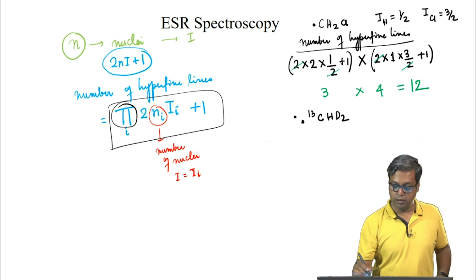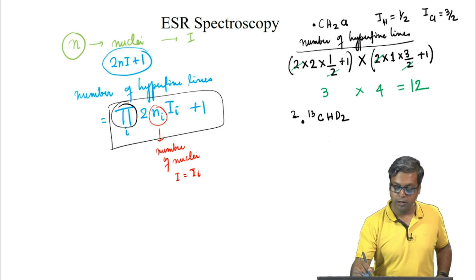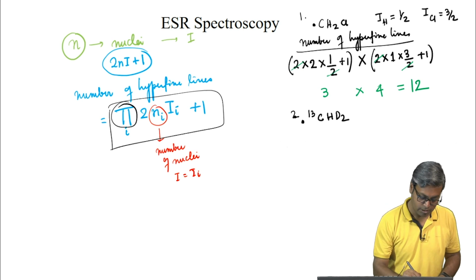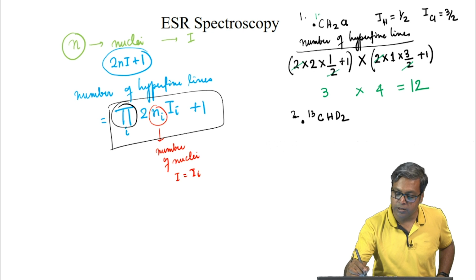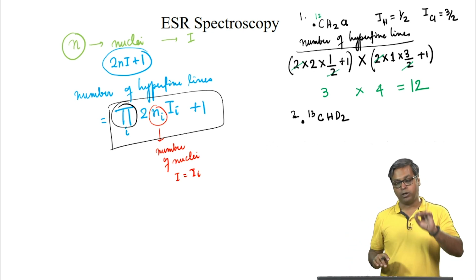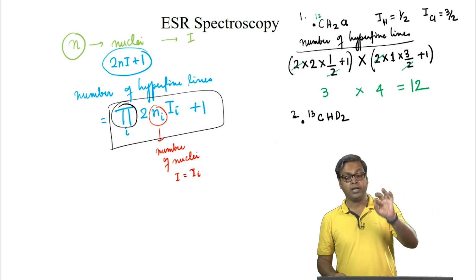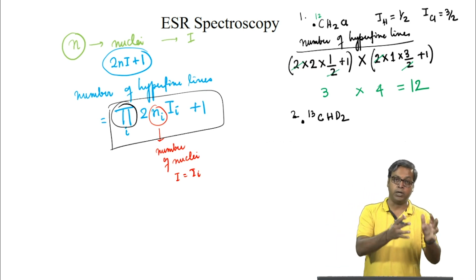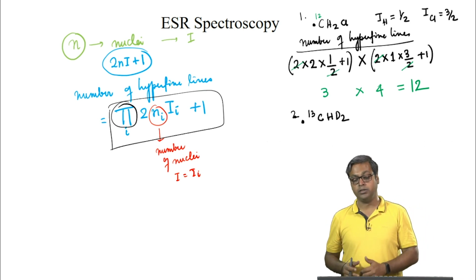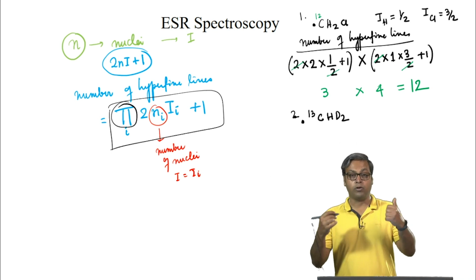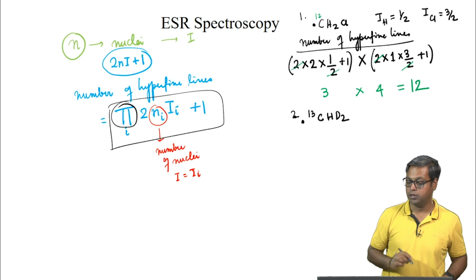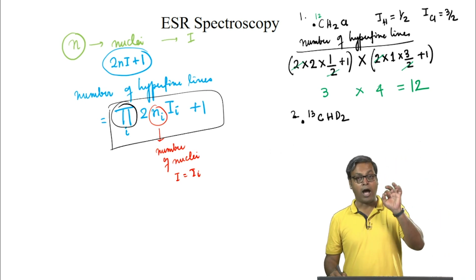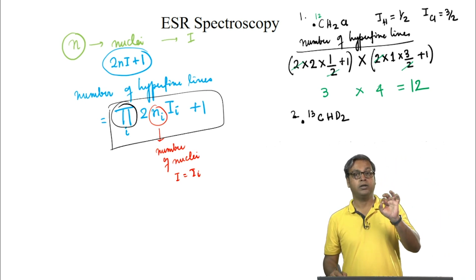We should remember that in the first case this was 12C, and because it was 12C, we did not take into account the interaction of the unpaired electron with the carbon nucleus, because I equals 0 for 12C. But in the second example, we are talking about 13C. So, I of 13C equals half.